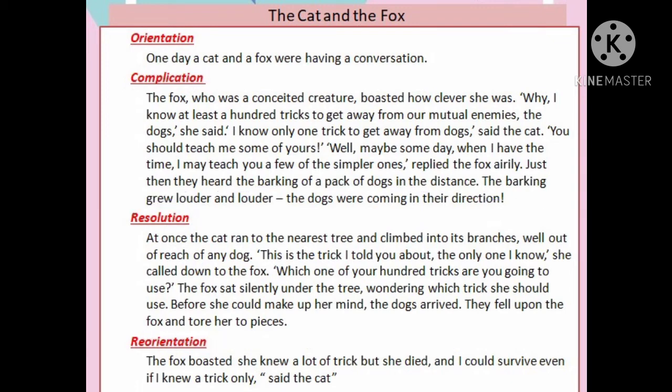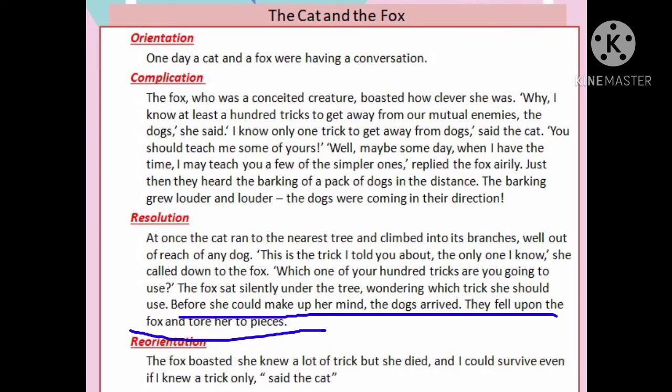Okay, look at the first sentence. At once, the cat ran to the nearest tree and climbed into its branches, well out of reach of any dog. Jadi kucingnya langsung berlari ke pohon terdekat dan memanjat ke atas pohon ke batangnya, sehingga tidak bisa diraih oleh anjing. Lalu, the fox sat silently under the tree. Rubah hanya duduk saja di bawah pohon, wondering which trick she should use. Masih memikirkan trik mana yang harus dia gunakan. But before she could make up her mind, sebelum dia menemukan caranya, the dogs arrived.